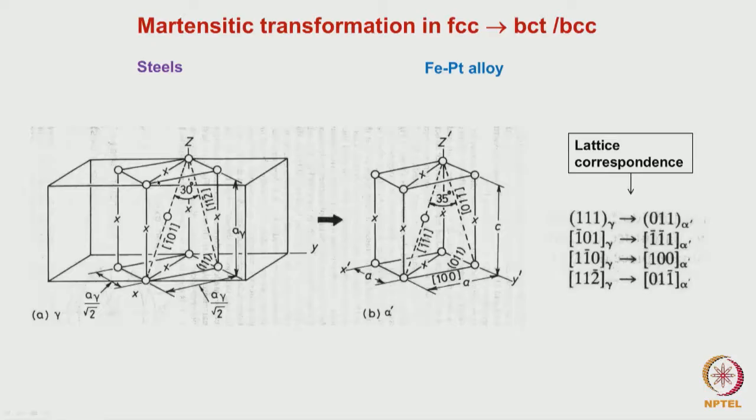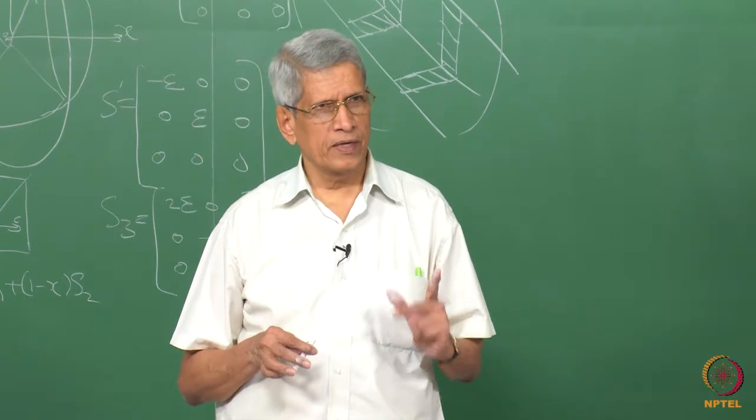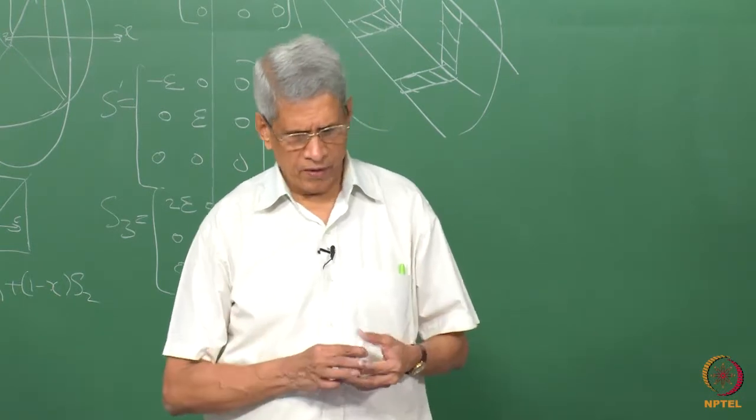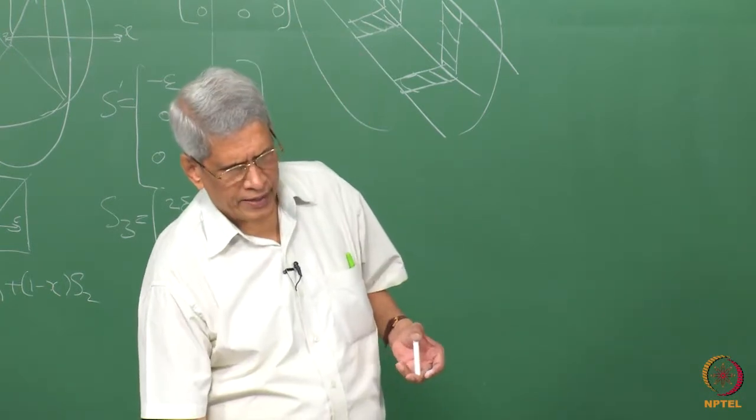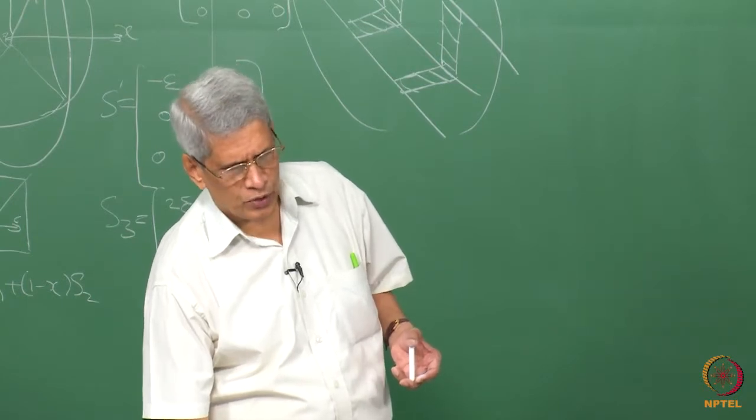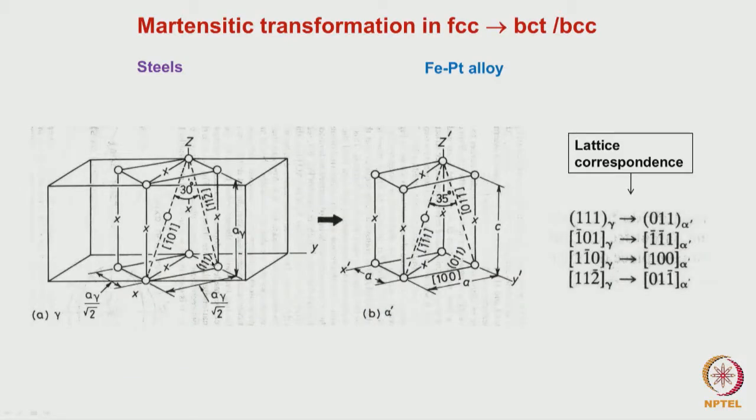Here consider 2 FCC unit cells, and if you take the 110 directions and the C direction, these 3 directions, because these 3 are perpendicular to each other, this can form a tetragonal unit cell with 1 atom at the center. So this has now become a body centered tetragonal structure.